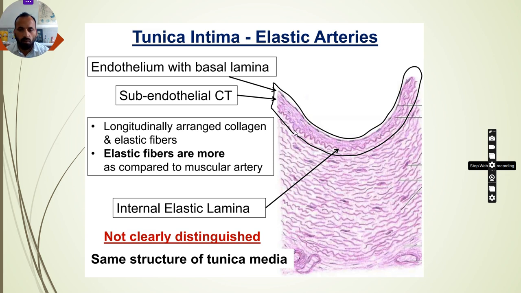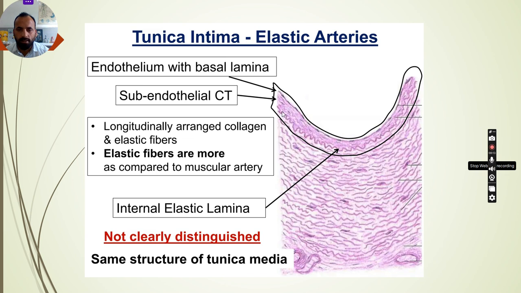Then there will be the presence of the internal elastic lamina, and this internal elastic lamina will not be clearly distinguished because the next layer, the tunica media, also has an enormous amount of elastic fibers, so the internal elastic lamina gets merged with the other elastic fibers of the tunica media.